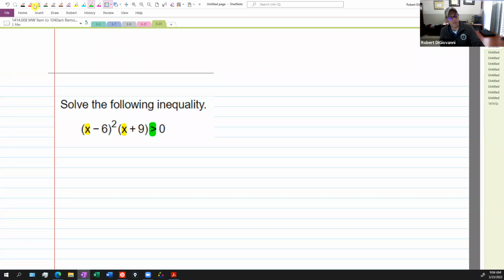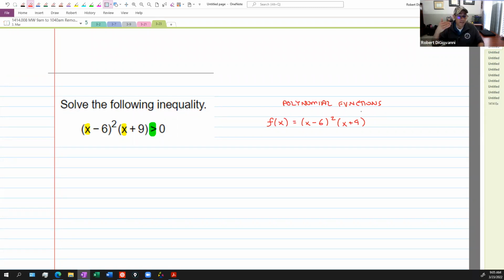You might recall that when we were talking about polynomial functions, which is going to be on this test, you have to be able to graph a polynomial function. If we take just the left side of that inequality, that is a polynomial function, and it's already been factored for us, which is great.